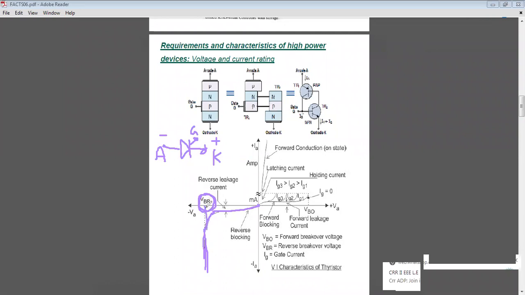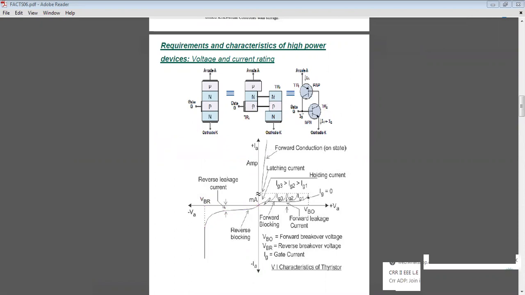This is called breakdown. Though it comes to the conduction state, it will be damaged because of the extra power dissipation and overheating. So it will be damaged at this point, breakdown.